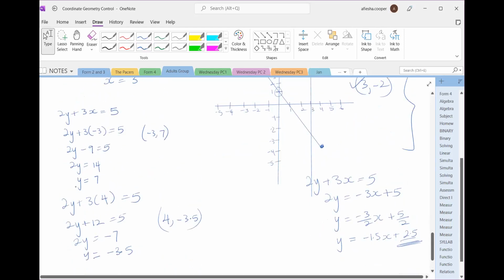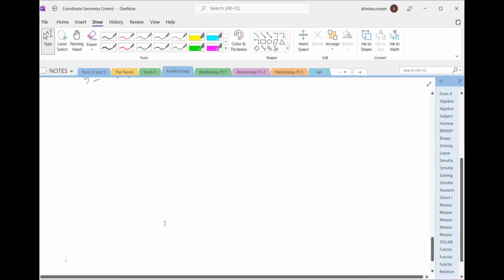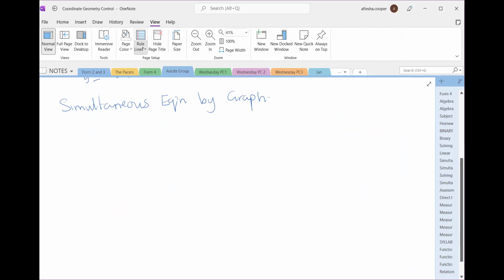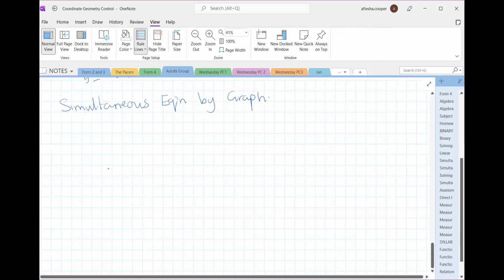Right, so if we were to solve a simultaneous equation now using the graphical method, what would we do again? A simultaneous equation by graph is the same thing. So let me actually put it on the graph, so we'll have it more accurate.